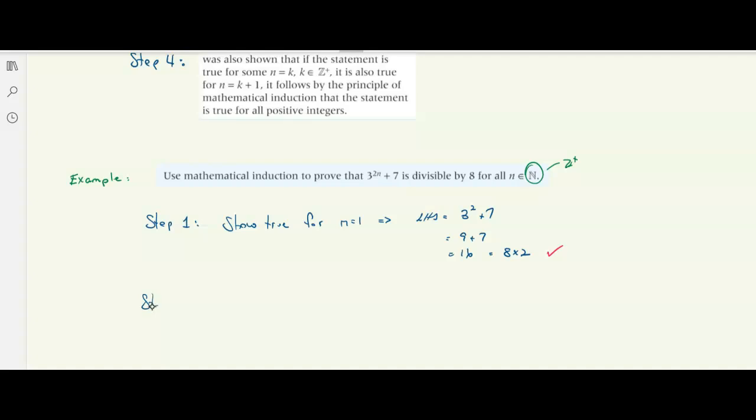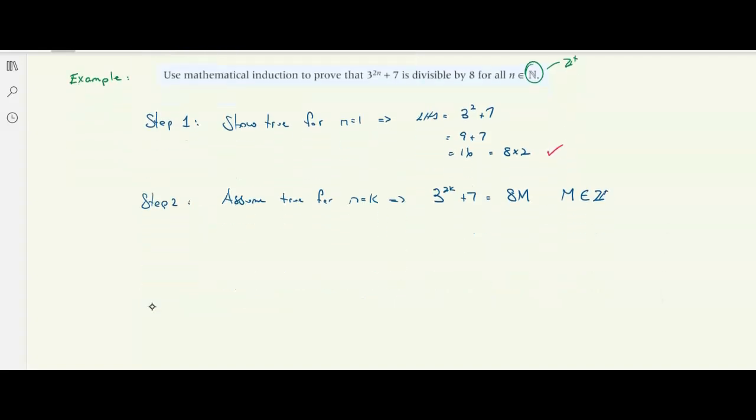Step 2, we're going to assume... so k plus 1 goes in for n now, so that becomes 2k plus 2.